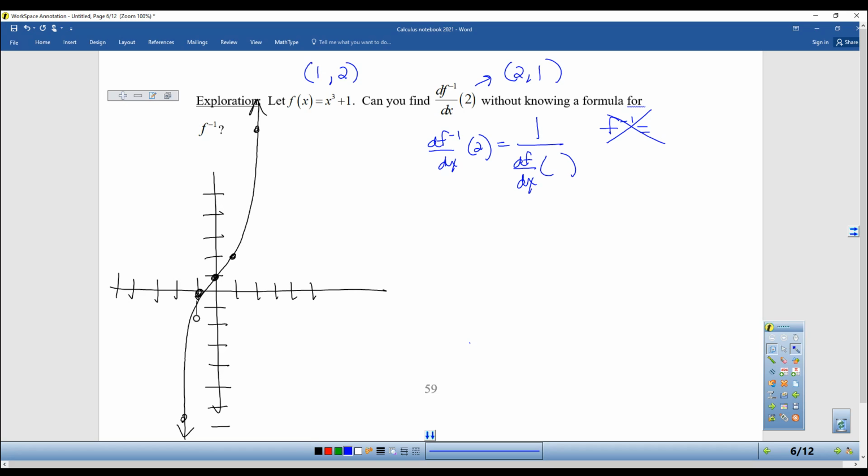So what is the derivative of this function, 3x squared, and what is the derivative at 1? It's 3. So since the derivative of this at 1 is 3, then the derivative of the inverse function at 2 is 1/3. And that's the way that works.